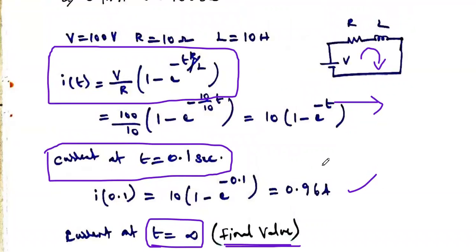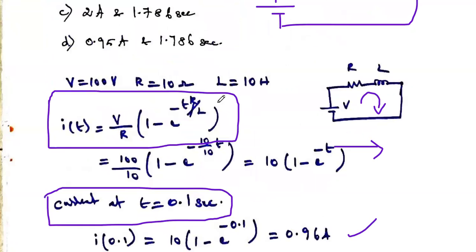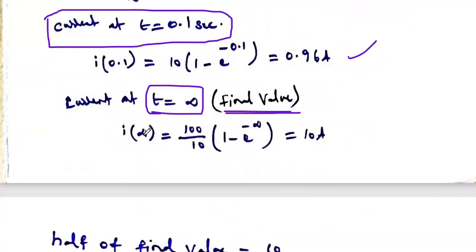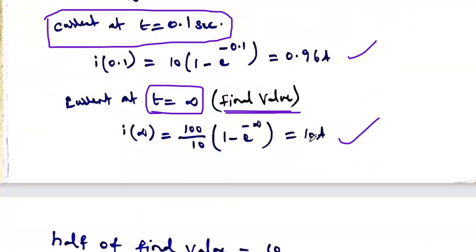Okay, I of 0.1 means the current at time t equal to 0.1. Similarly, in order to find out the final value, you just substitute t equal to infinity in our I of t equation. So I of infinity is equal to 10 into 1 minus e power minus infinity. So e power minus infinity value is 0. So I of infinity is 10 amps. Okay, so the final value is 10 amps.